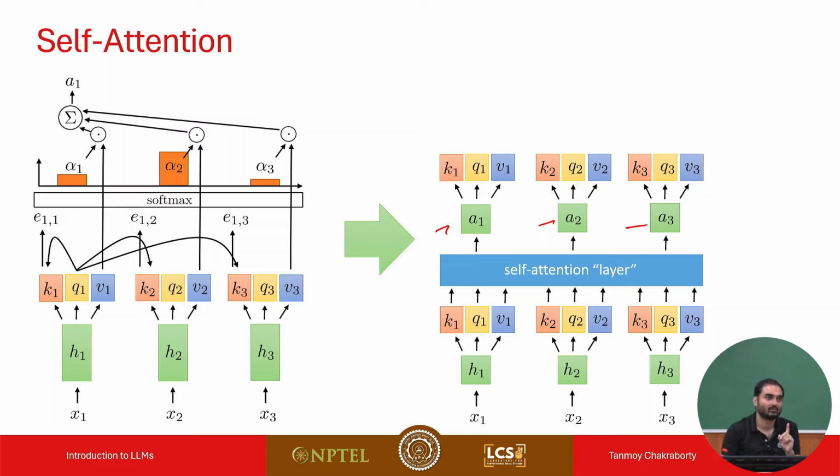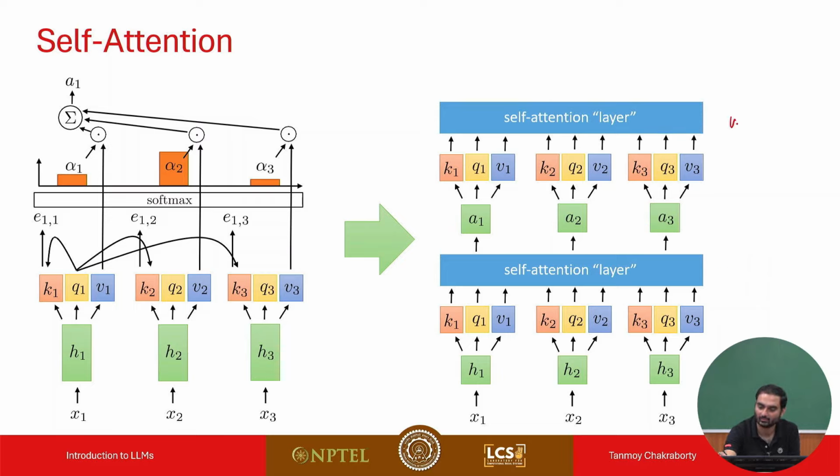Remember, for every self attention layer the query, key, value matrices are unique, meaning at the first layer you have, let's say, WQ1, WK1, WV1. At layer 2 you have WQ2, WK2, WV2.